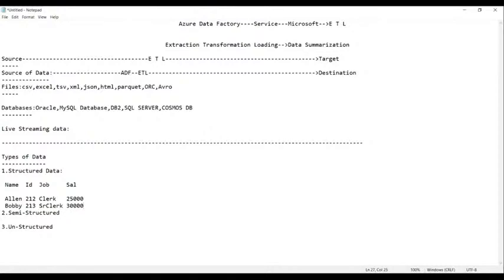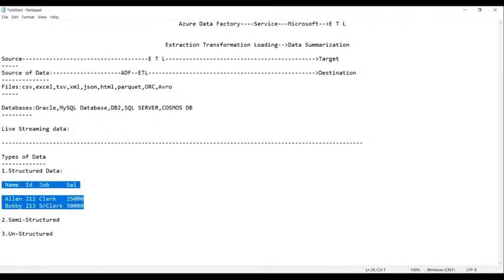Likewise we have all the data, properly kept in the form of rows and columns. Getting my point, all of you? This kind of data is called structured data.